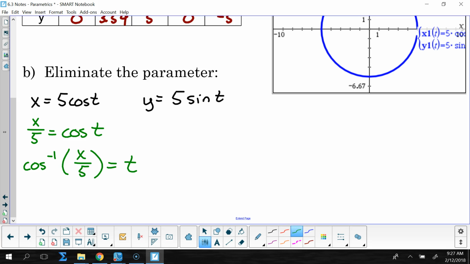So now I got to put that in for t in my y equation. Okay? So y here is going to equal 5 times the sine of the inverse cosine of x over 5.